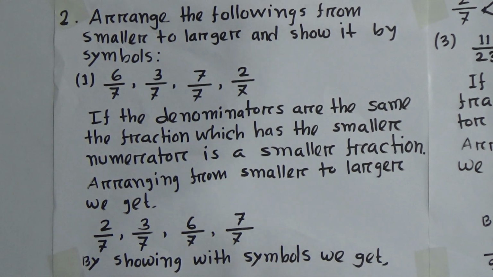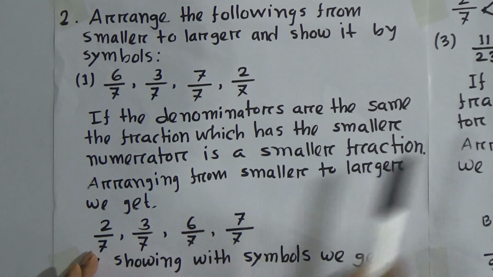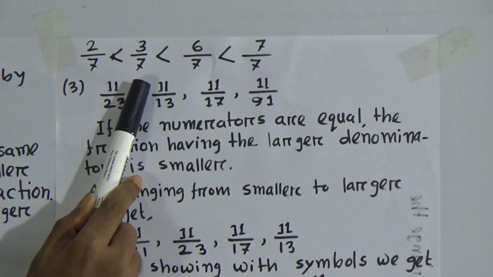Okay student, look, by showing with symbols we get, you see 2 by 7 is the smaller, then 3 by 7 is greater than 2 by 7. So I have written 2 by 7 is smaller than 3 by 7. Then what? 6 by 7.